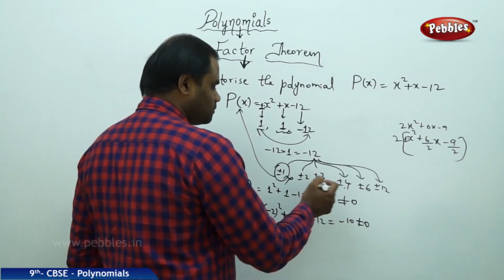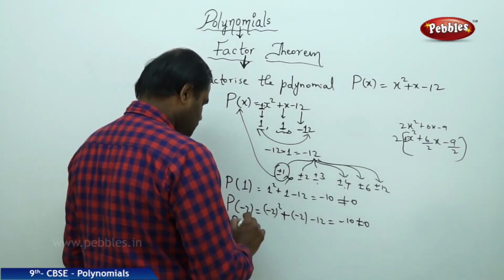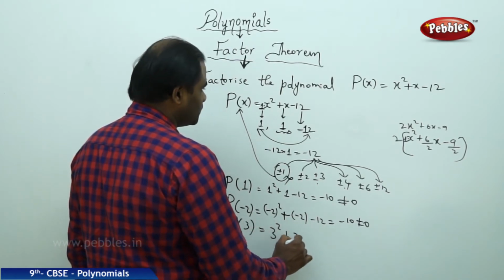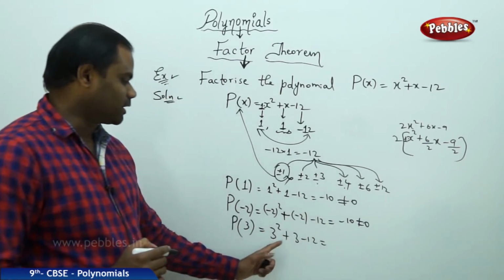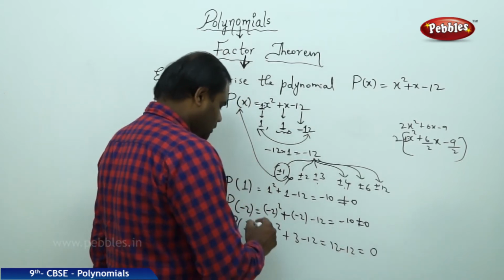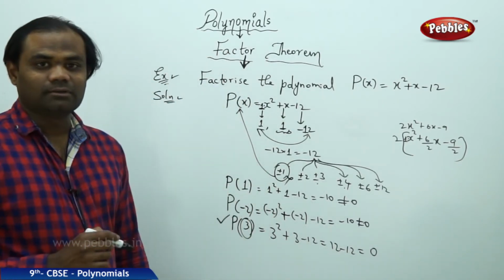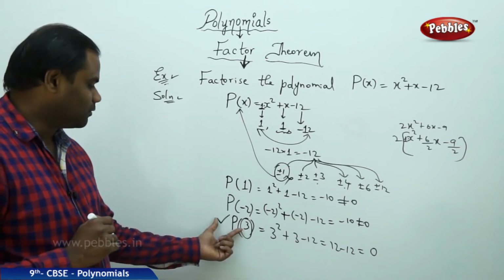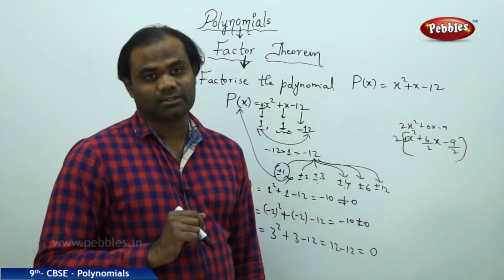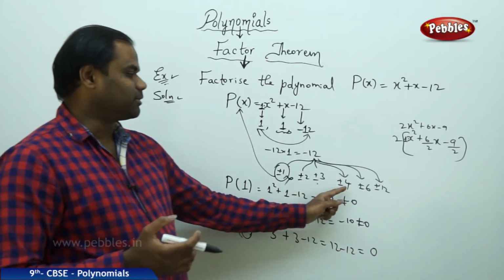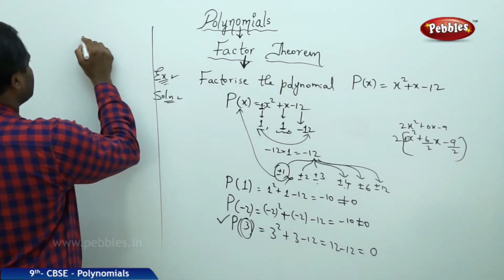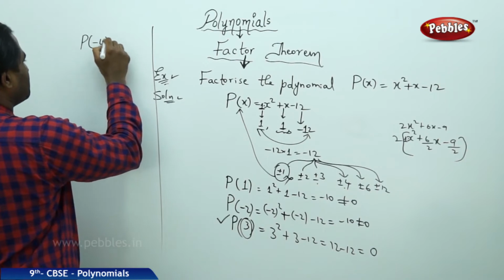Let's try with 3. P of 3 is 3 squared plus 3 minus 12. 3 threes are 9, 9 plus 3 is 12, 12 minus 12 is 0. And yes, P of 3 gives me a zero of the polynomial. Therefore, x equal to 3 is a zero of the given polynomial P of x. So I pick this. Next, let me try with minus 4.